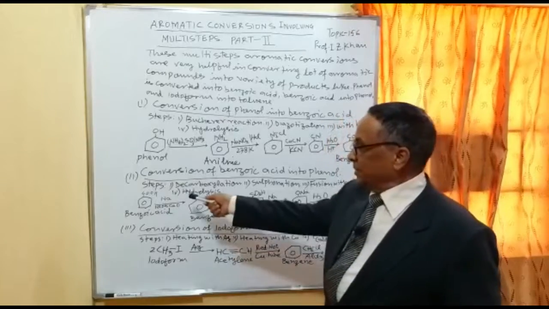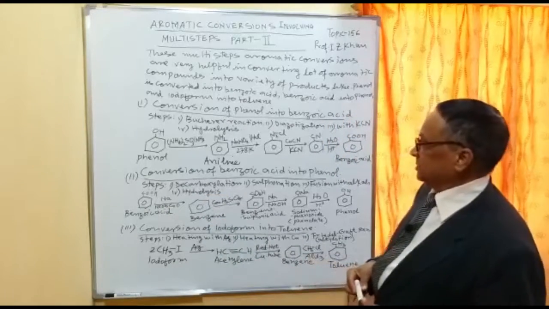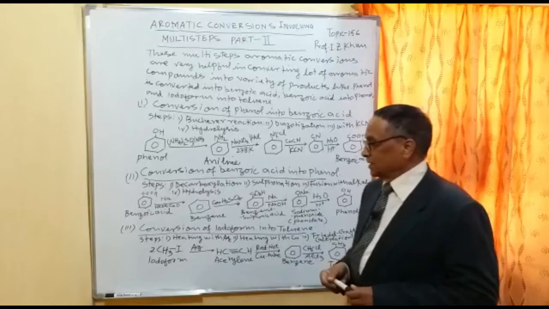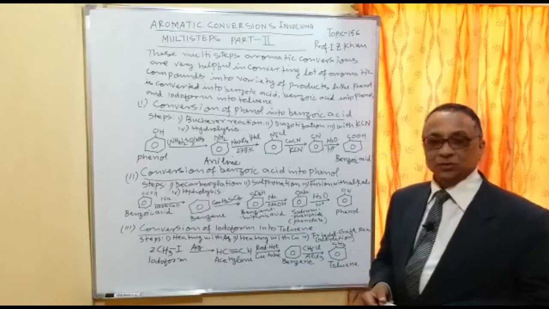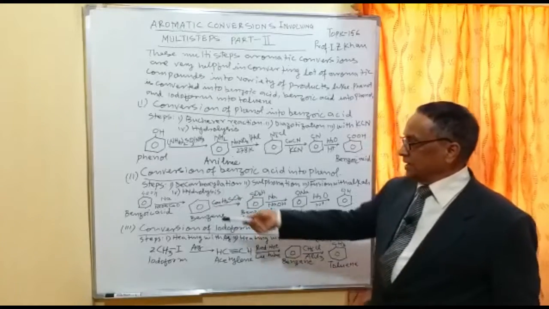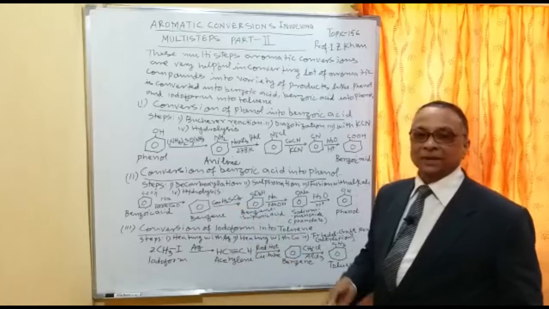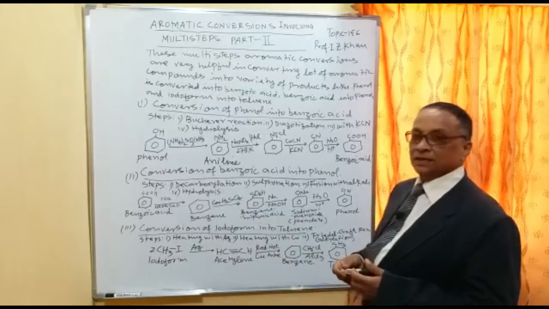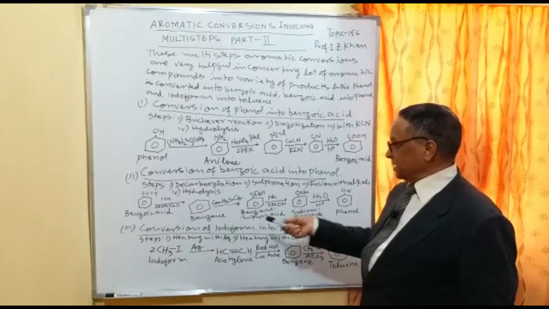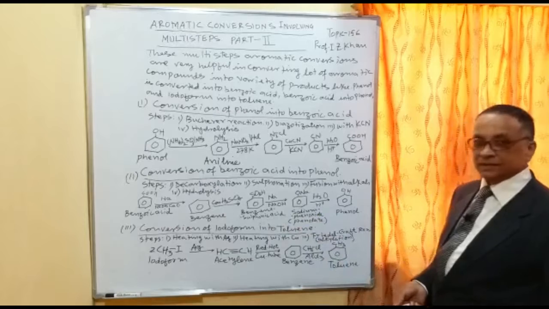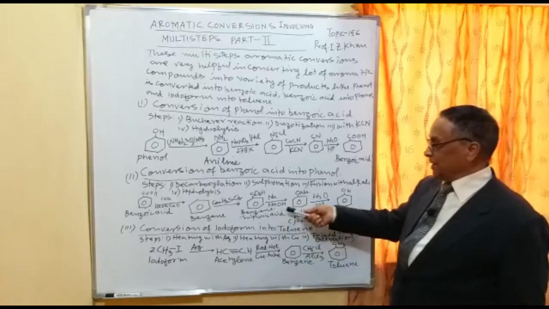So here benzoic acid is subjected to decarboxylation in the presence of sodalime, that is, calcium oxide and sodium hydroxide. The COOH group will be removed and you will get benzene. Then benzene is treated with concentrated sulfuric acid. You will get benzene sulfonic acid, and then it is treated with sodium hydroxide.